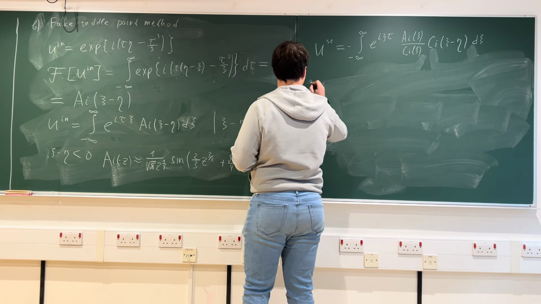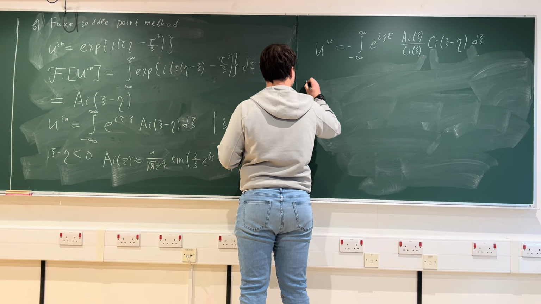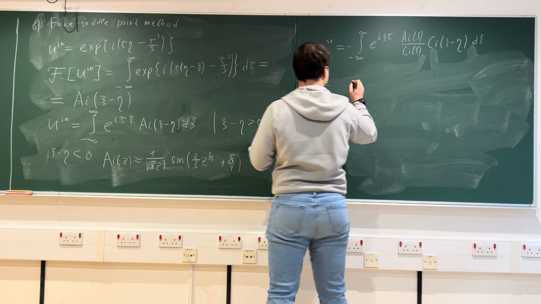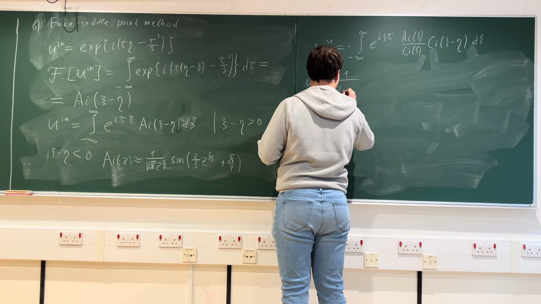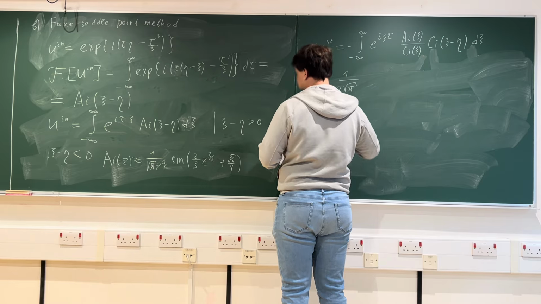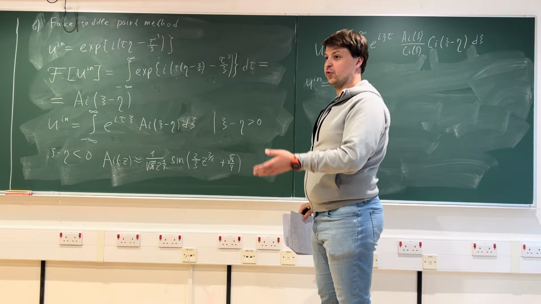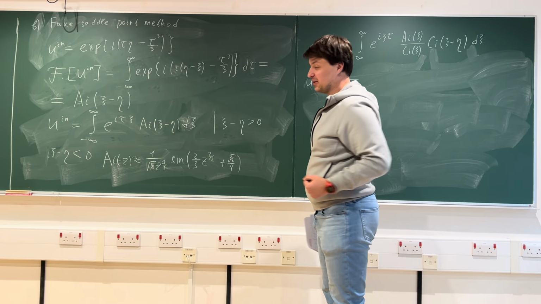Then approximately U in is equal to the constant, and of course here I will write it as a sum of two exponents, because I want to apply the saddle point method.